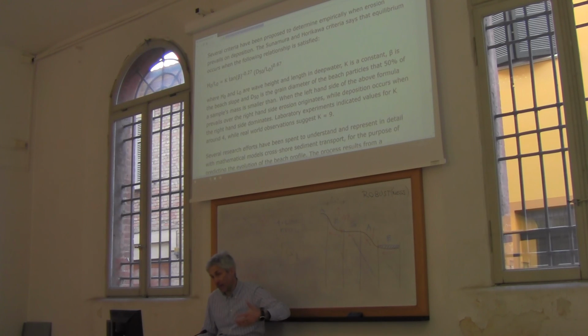If you have the right-hand side prevailing, you have deposition. But look at the independent variables. Okay, so let's look at the variables. H0 and L0 are wave height and length in deep water before breaking. Okay, much before.